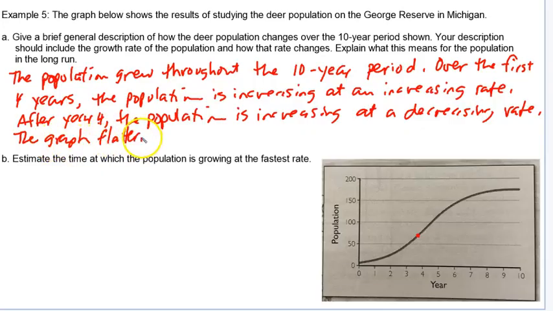The population is still growing. Sorry, it flattens. The graph flattens as we approach year 10. And that shows that the population is leveling off, staying at about 175 deer.